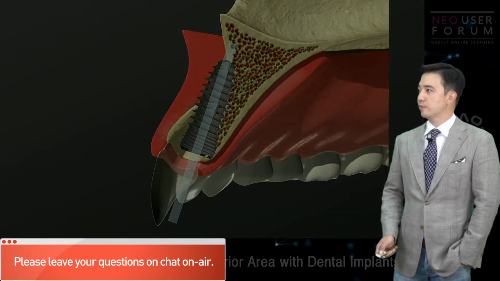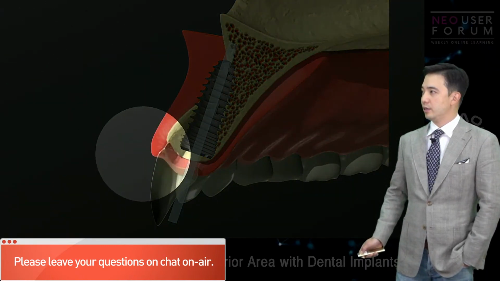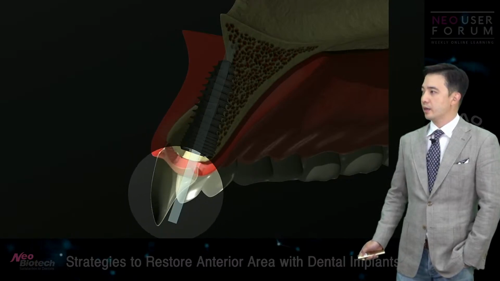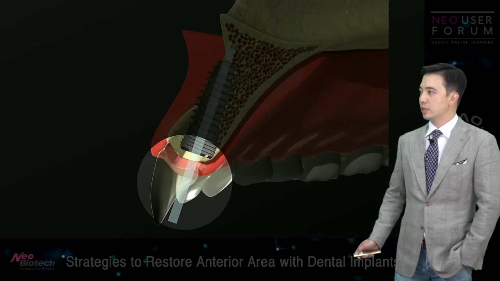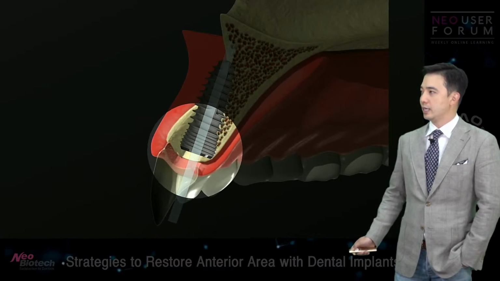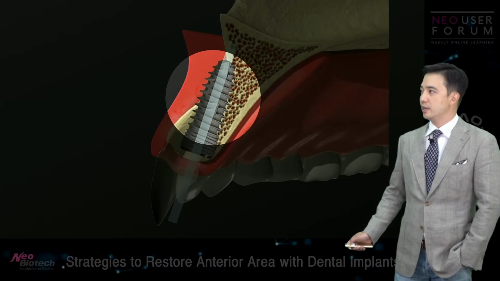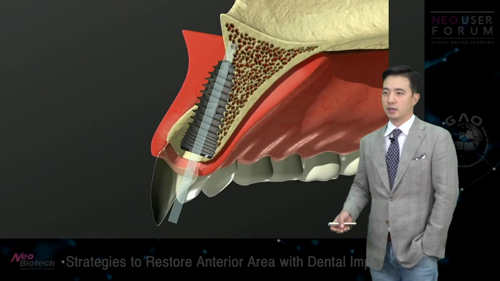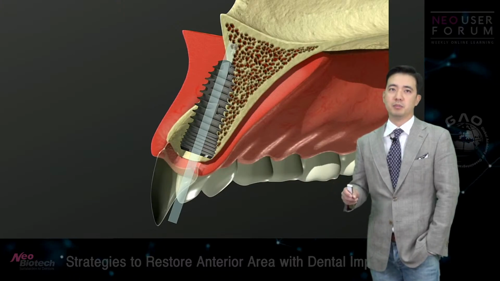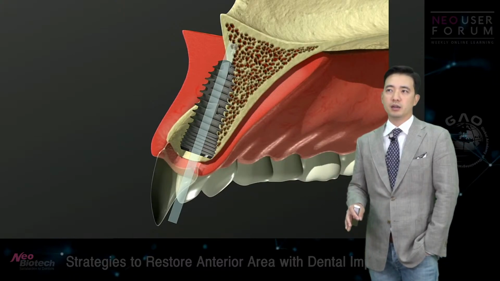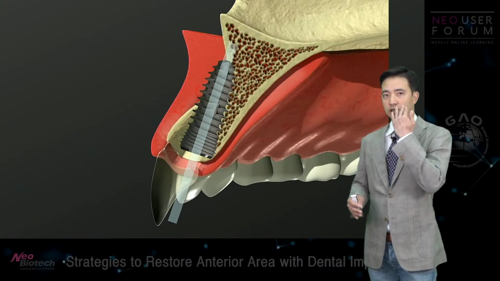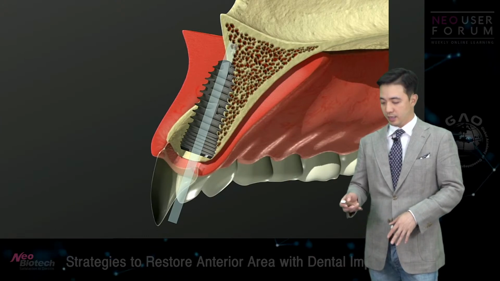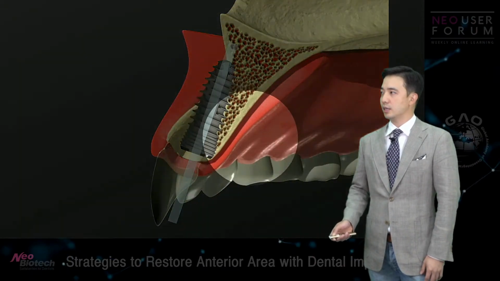As I just said, we want our screw hole to come out of the cingulum, so your implant has to go into the bone that way. But a lot of times in the maxillary anterior area, the bone angulation just doesn't allow the implant path to go in like this.